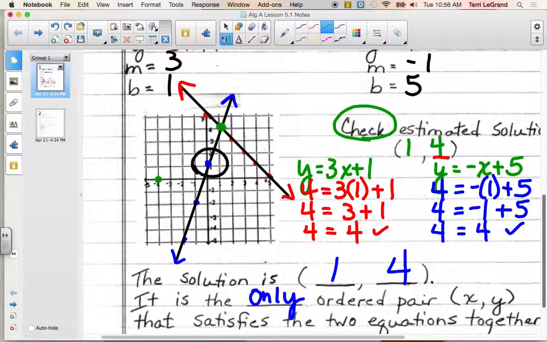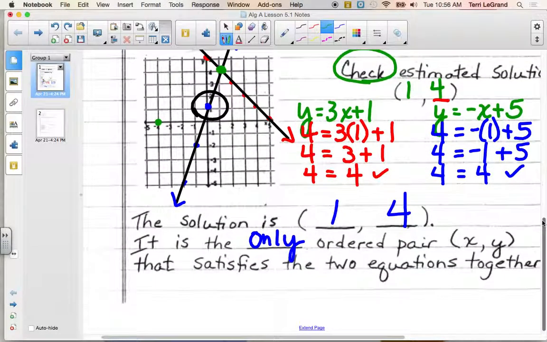Isaac? I'm not following on the (1, 4). We're gonna be switching around. Okay, here's the deal. This is what your brain wants to do. In the ordered pair, the x value comes first, doesn't it? And then the y value is the second number. But in our equation, what comes first? The y.